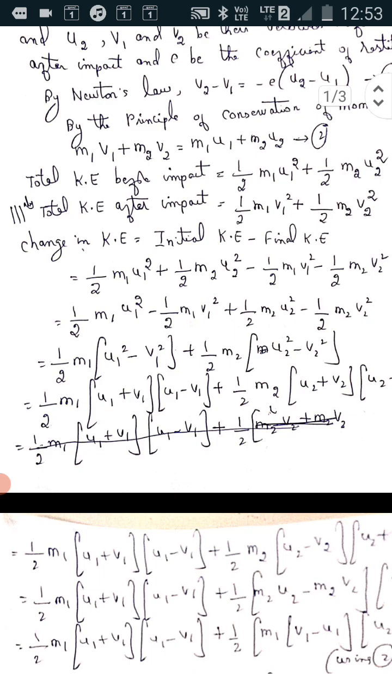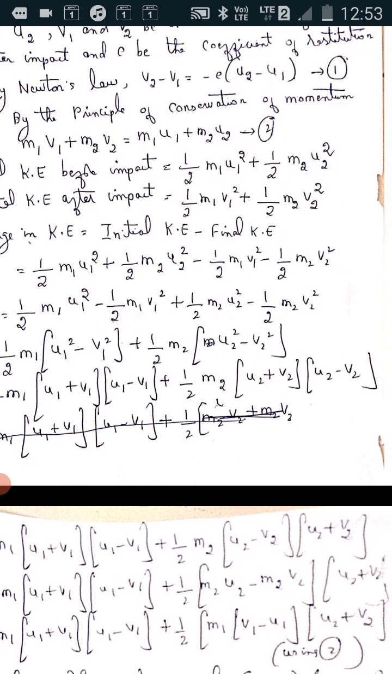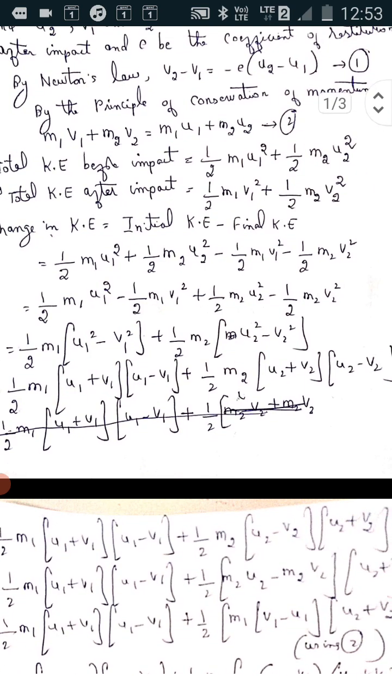Change in kinetic energy is the initial kinetic energy minus the final kinetic energy. So it is half m1 u1 square plus half m2 u2 square minus half m1 v1 square minus half m2 v2 square.